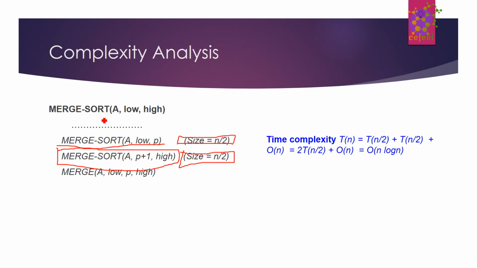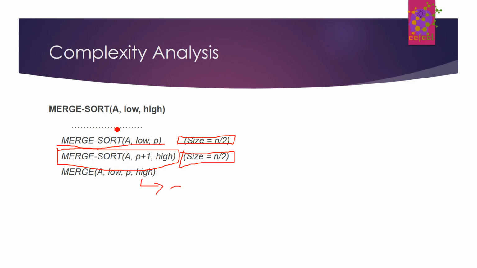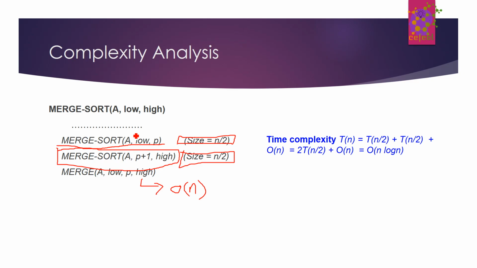Now we have already seen the complexity of merge is order of n. It had 2 passes over the array, but the complexity is n. Let's now compute the complexity of the entire merge sort. Because this is a recursive algorithm, we can write a recurrence equation.